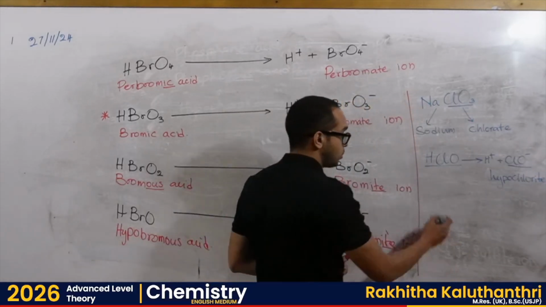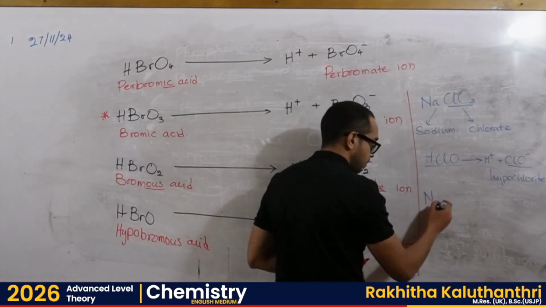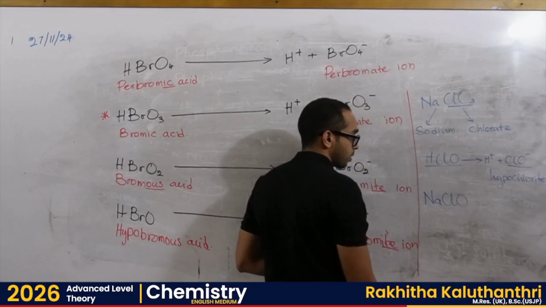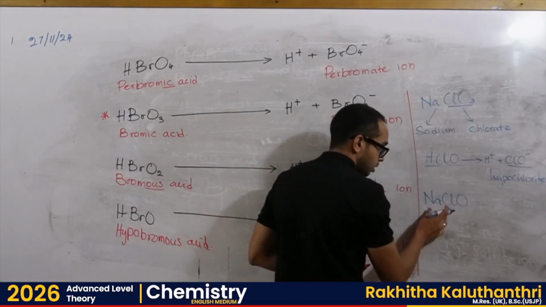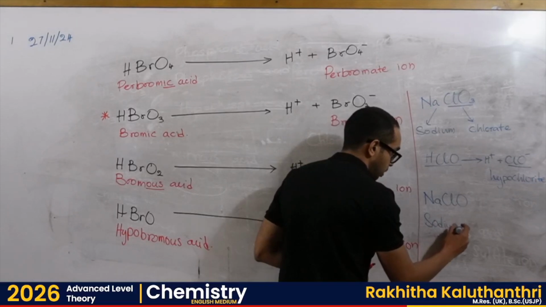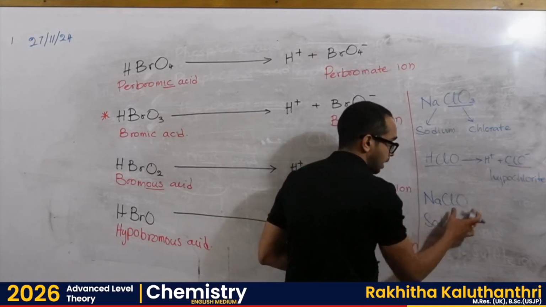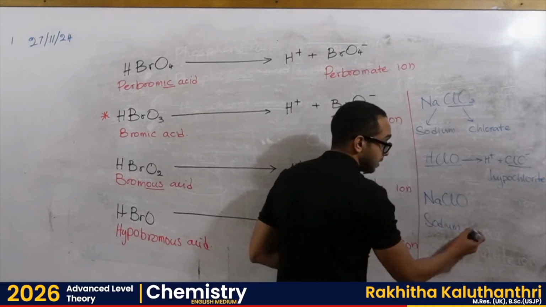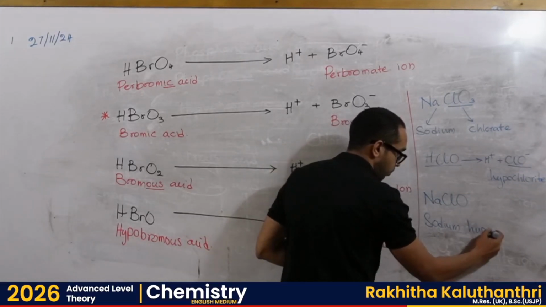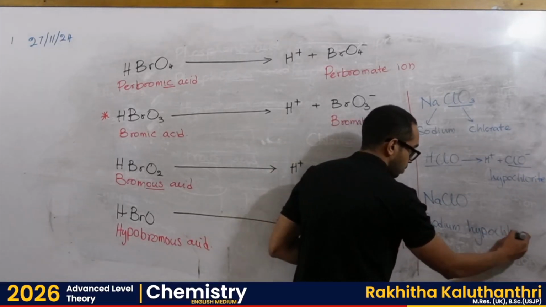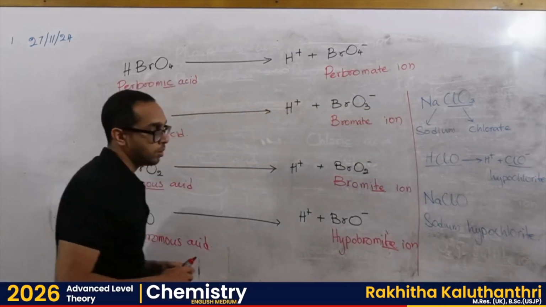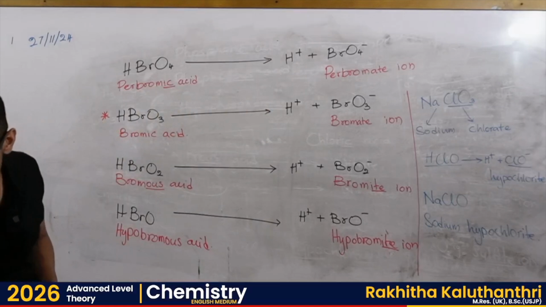So if I am given a compound like NaClO, sodium's name is written first, and we know the name of this anion, ClO, is hypochlorite. So that's the name, sodium hypochlorite.